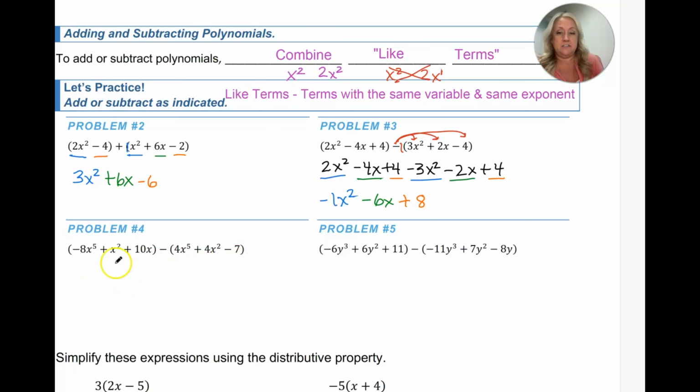Okay, let's go ahead and do problem 4 as well. Notice again, this is a subtract problem, so you've got to watch that closely, right? If it starts off as an add problem or a subtract. So since it's subtract, again, I want to distribute that negative 1 through, or change all the signs of that second one. So the first polynomial is going to stay the same.